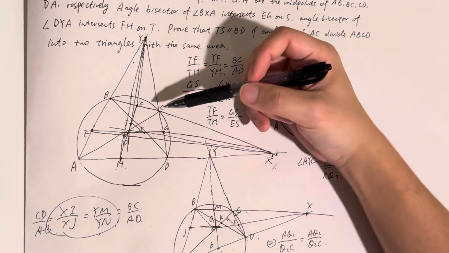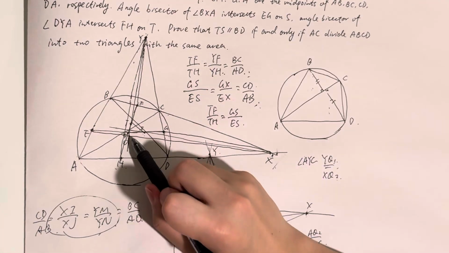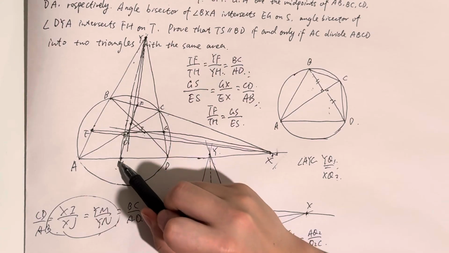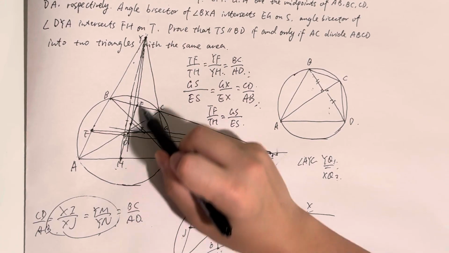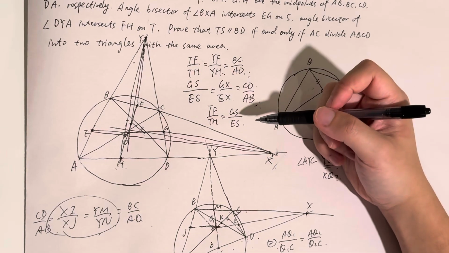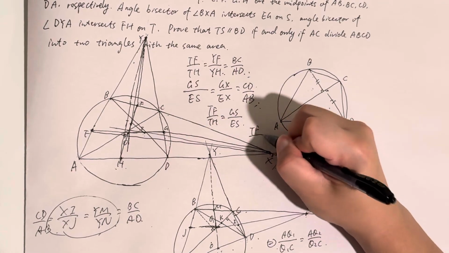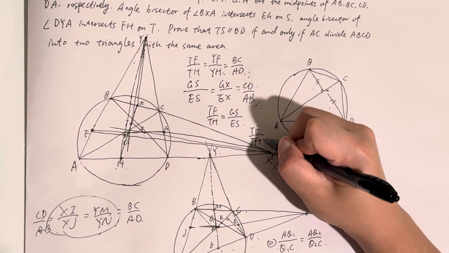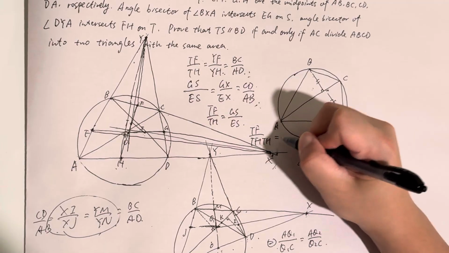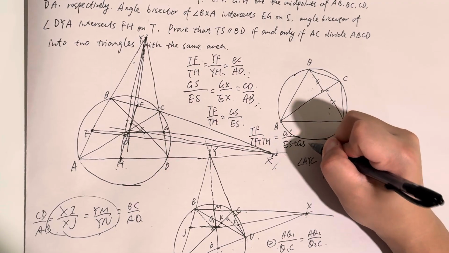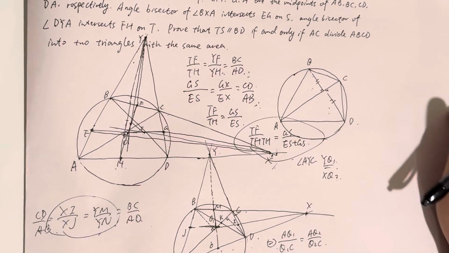And if you think about the point Z here, because Z is a midpoint of HF, right? So for this one, we can do this. TF to TF plus TH equals GS to ES plus GS, right?